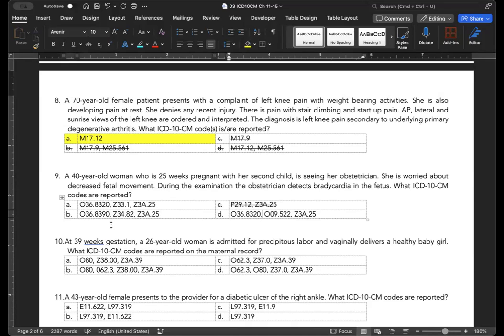So O36.8320. If you have the AAPC 2024, it's on page 944. So the 832 is going to be the only one that's there. And then we have to use our applicable 7th character for that, and it's not directly above it. So we have to go back to the O36 category that's on page 943.